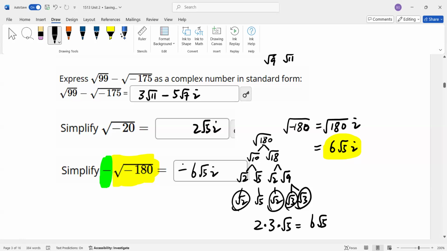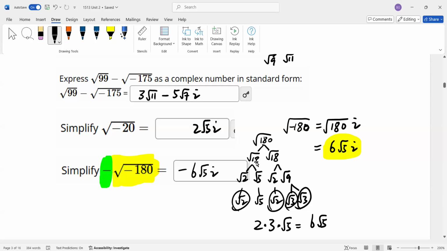Yes or no? Yeah, I didn't get that answer. Can we say for the 180 we can get 9 times 20? And square root of 9 will give us 3.